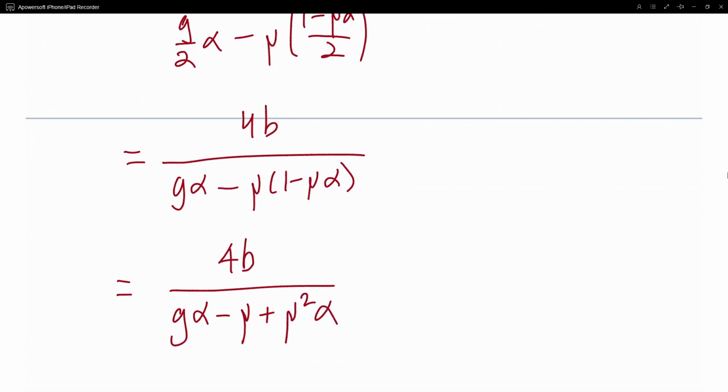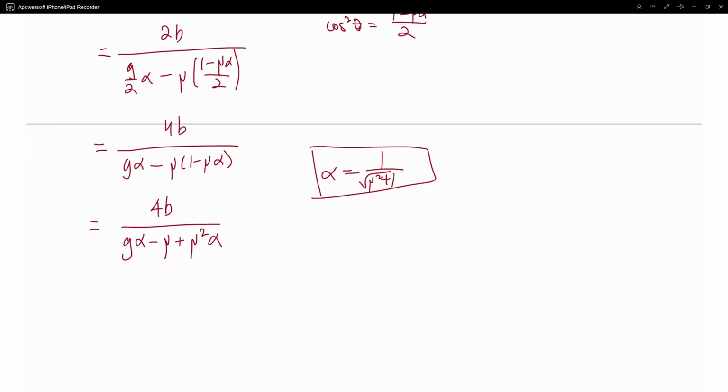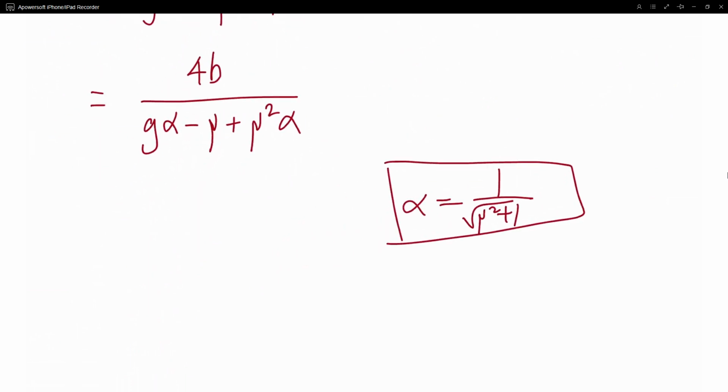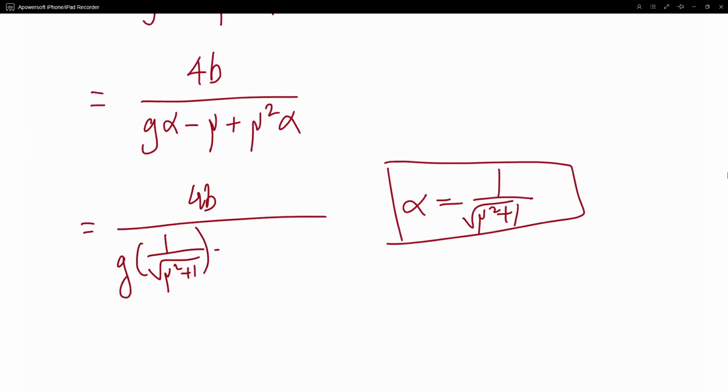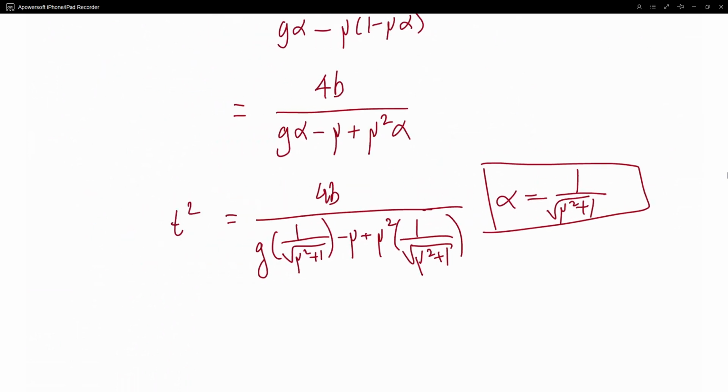And by this point, it would be wise to make the substitution back. In fact, we can square everything, T squared, so T minimum squared.